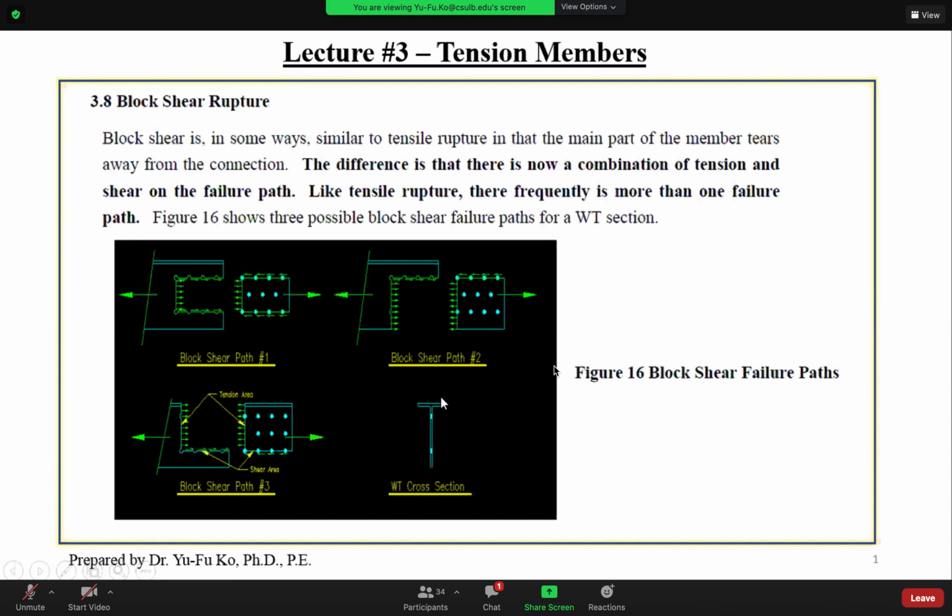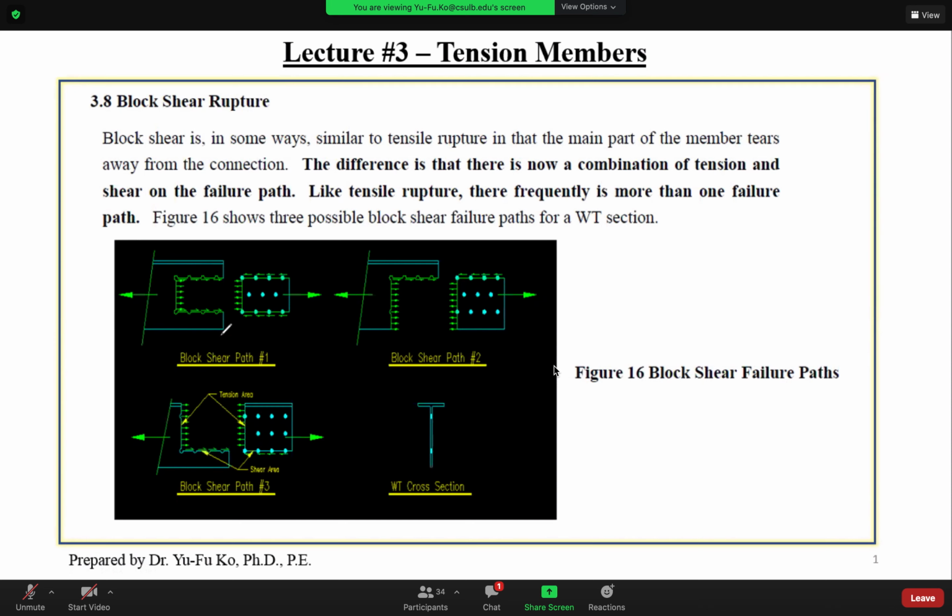So if this is a WT section, as you can see, there are two lines of bolts, one here, another bolt line in here, and this is a side view of the WT. If this member is under tension, as you can see, there are three possible failure paths due to block shear. It will tear out pieces of the member.